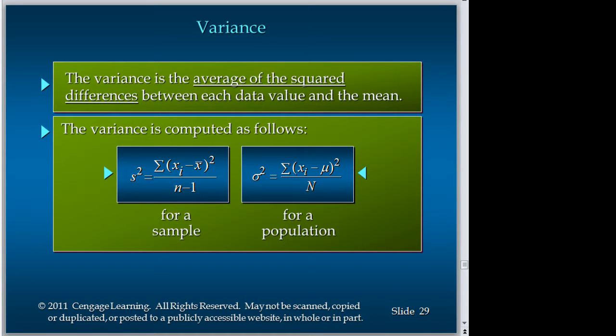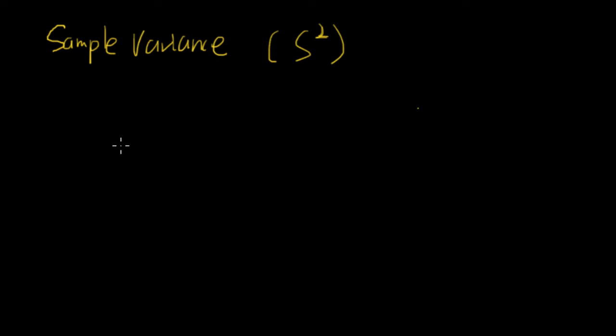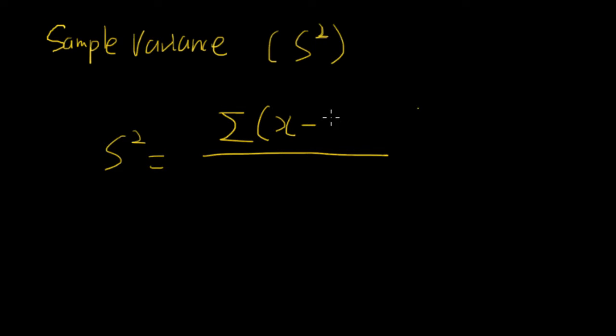So let's go to our blackboard. Sample variance, we use S square, and the formula goes: S square equals sigma of x minus x bar squared, over n minus 1, right?